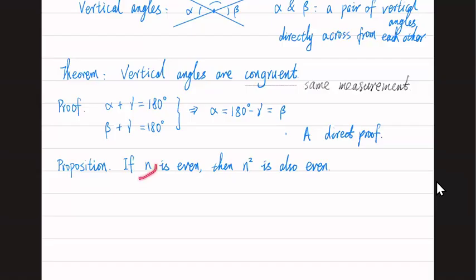If n is an even number, then n squared is also an even number. So we will prove it using the direct proof.